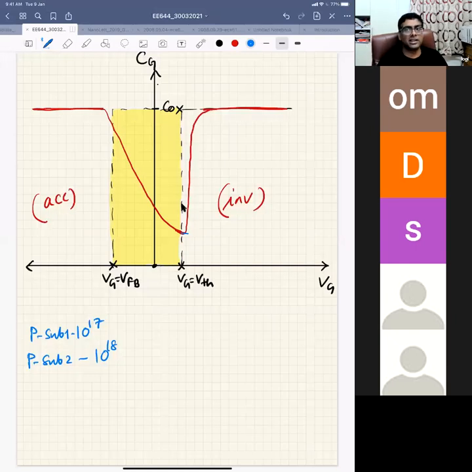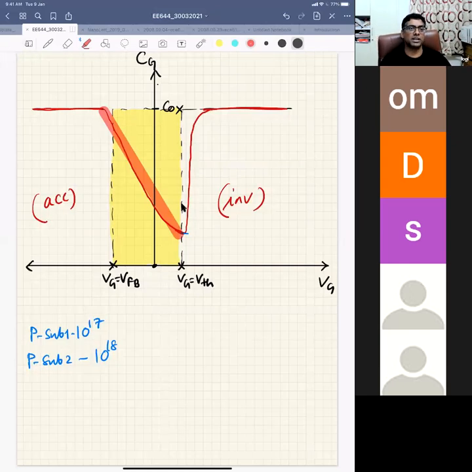Okay, so I'll give you this as homework. Think about what will happen when I'm changing the substrate doping. Your threshold voltage is changing, your oxide capacitance is still the same, but your depletion region WD will modulate differently, because your doping has been changed. So this part here will also change, and how it changes, please figure it out.